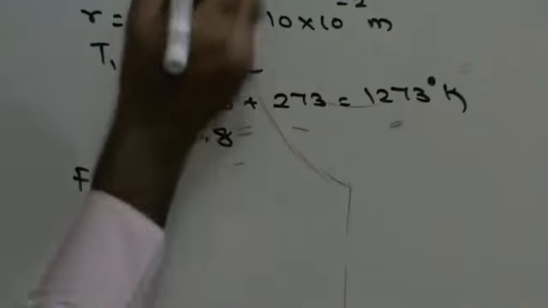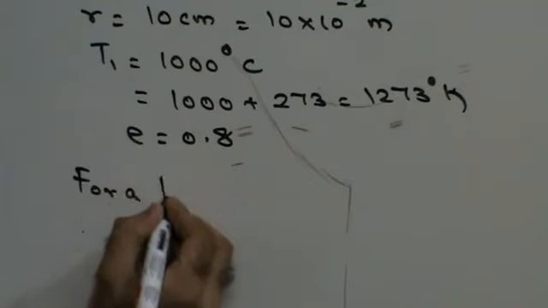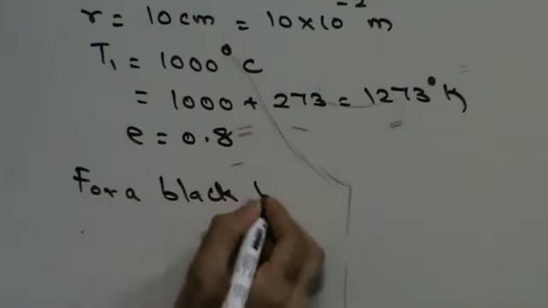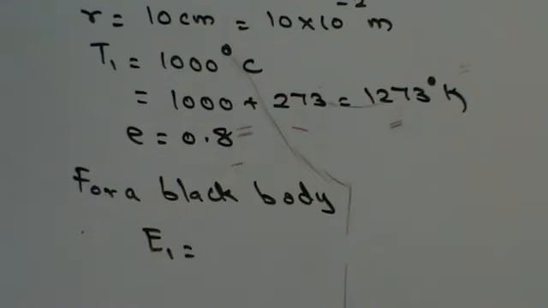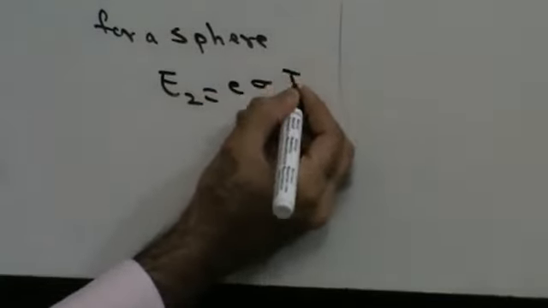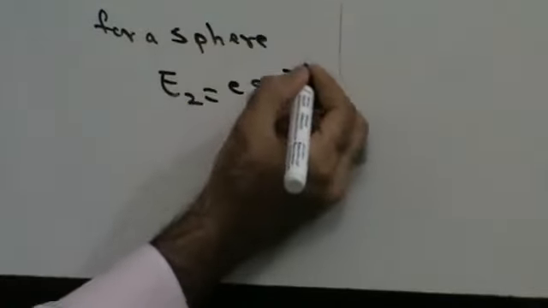Now I can say that for a black body, the emissive power, we'll call it E1, is nothing but sigma T^4. Similarly, I can say for a sphere, emissive power, we'll call this E2, is e sigma T^4.